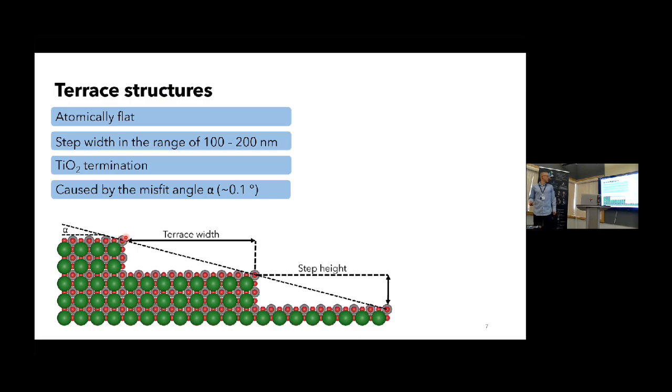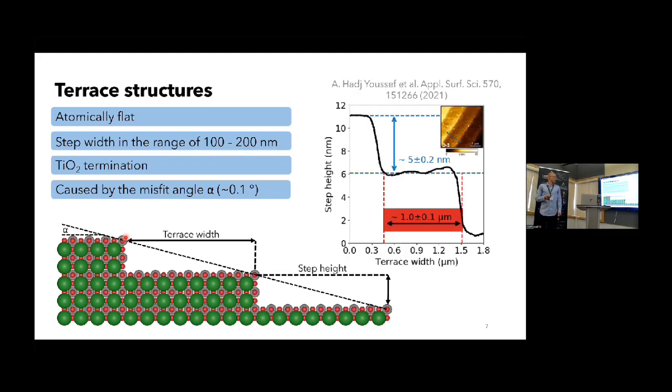And so without changing the misfit angle, we can now, for example, double, quadruple, whatever the terrace width. But the step height will also increase at the same time. And this is now the AFM scan of the image I showed you on my first slide. We achieved 1 micrometer wide steps, which are close to being atomically flat.